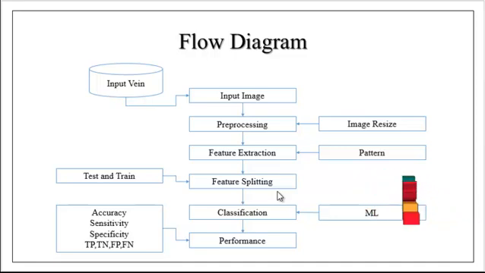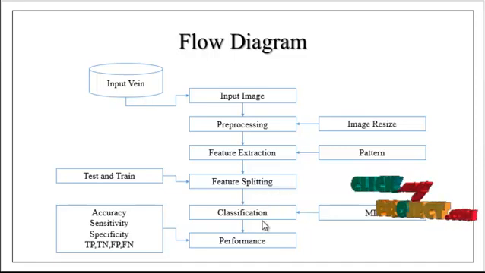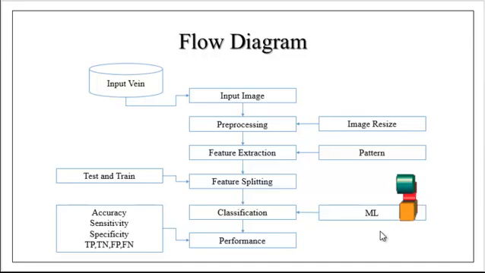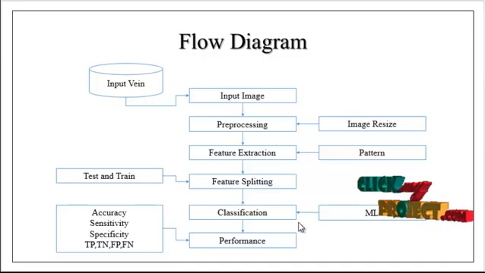After the data splitting, we do the classification by means of machine learning. In this classification step, first it will recognize the person, then it will recognize whether the person is male or female. In case of male, it will show the result as male, or in case of female, it will show the result as female. Based on this classification, the results will be displayed.